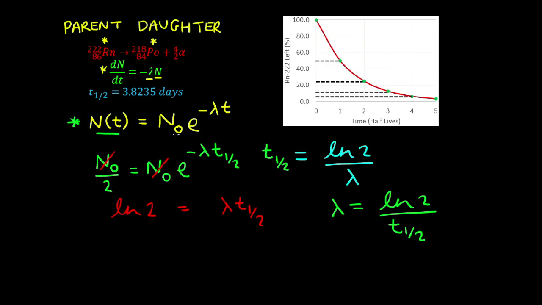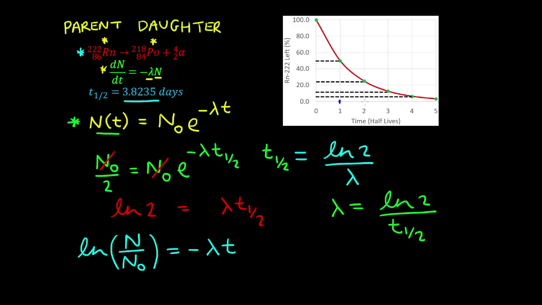So if we divide through by the initial number of nuclei and take the natural log of both sides, we get the natural log of the remaining number of nuclei on the initial number of nuclei being equal to the negative of the material's decay constant by time. So as we can see over here, the half-life of radon-222 is around 3.8 days.